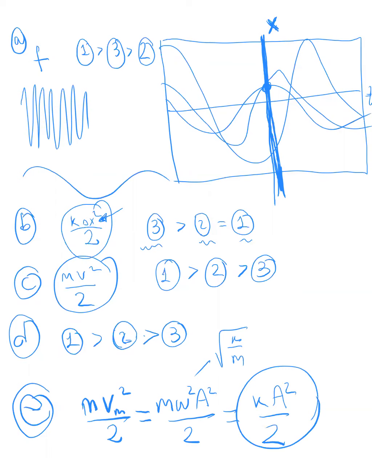If you look at this equation, you will see that the maximum kinetic energy is with the trajectory that has the maximum amplitude, which makes sense. And if you look at the graph, by eye, it looks like curve 1 has the maximum amplitude, followed by curve 3, and followed by curve 2.